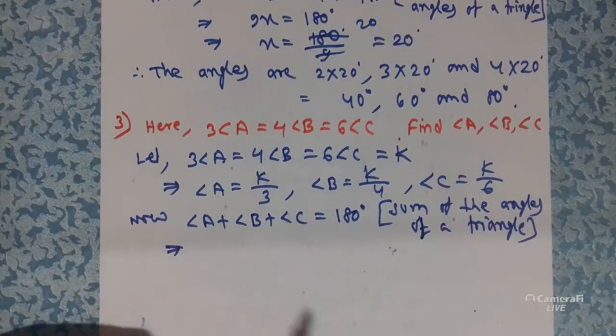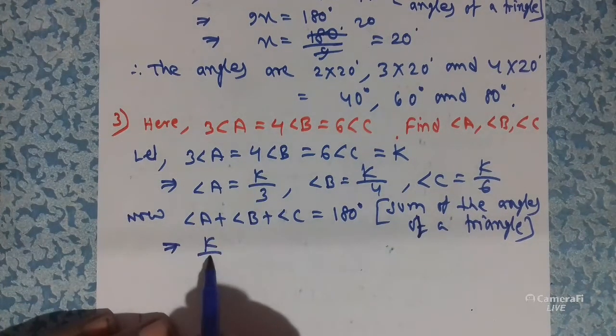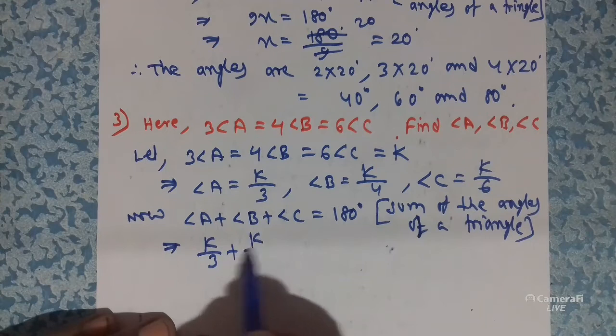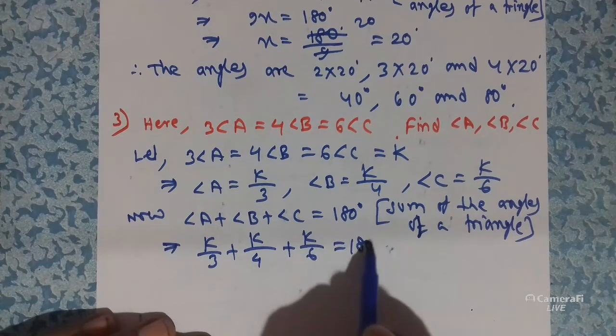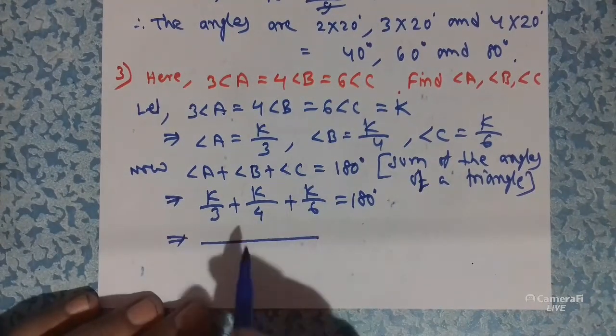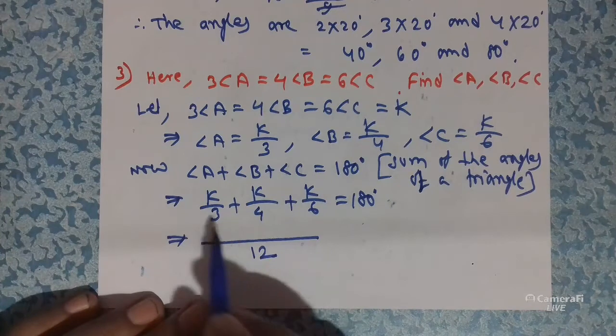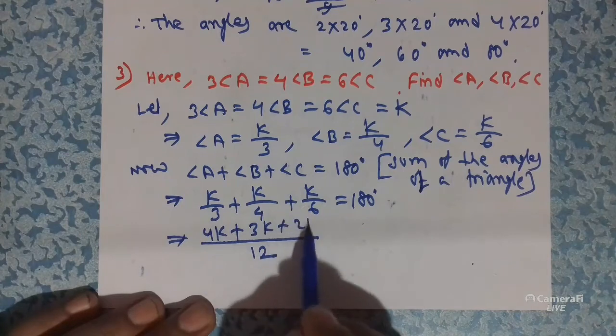So now we have to put the values of A, B and C. Angle A is K by 3, B is K by 4 and C is K by 6, equal to 180 degrees. Now we have to find the LCM. The LCM of 3, 4, 6 is 12. So it will be 4K, 3K and 2K.